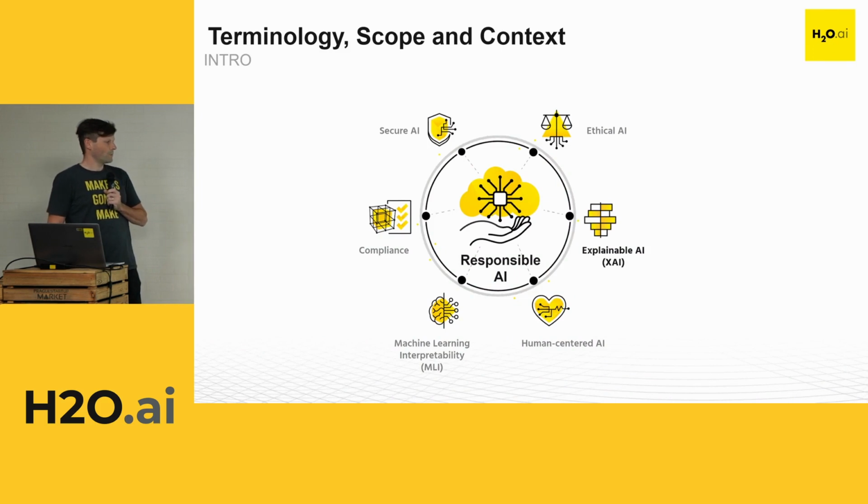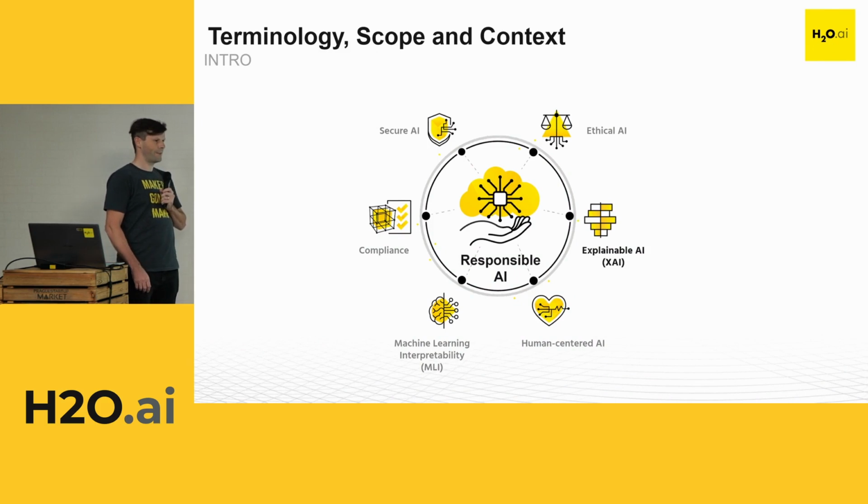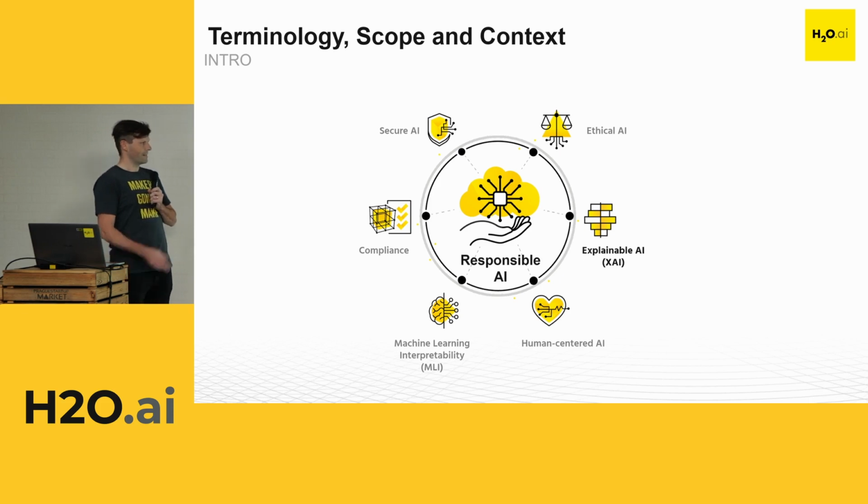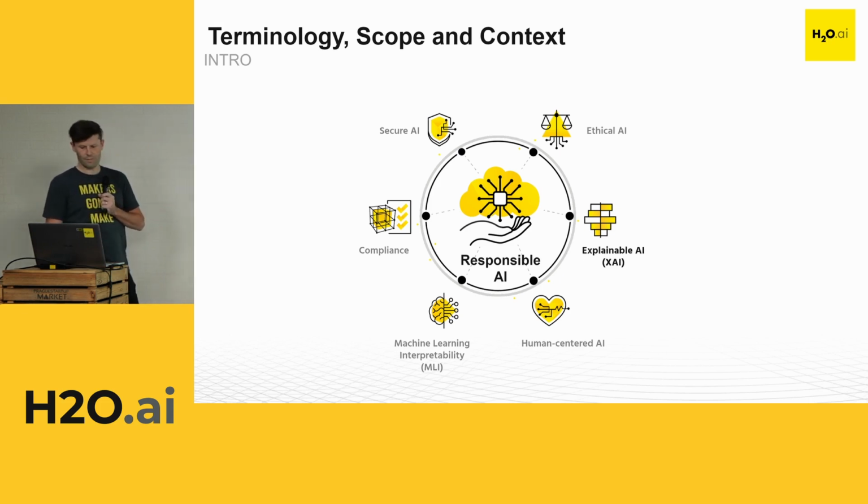So today I will focus on explainable AI. However, explainable AI is just one aspect of something which is much broader, and that's responsible AI. Apart from explainable AI, which aims to provide methods that explain models and help people to understand how the models make decisions, there is ethical AI, which elaborates sociological aspects, fairness, for instance.